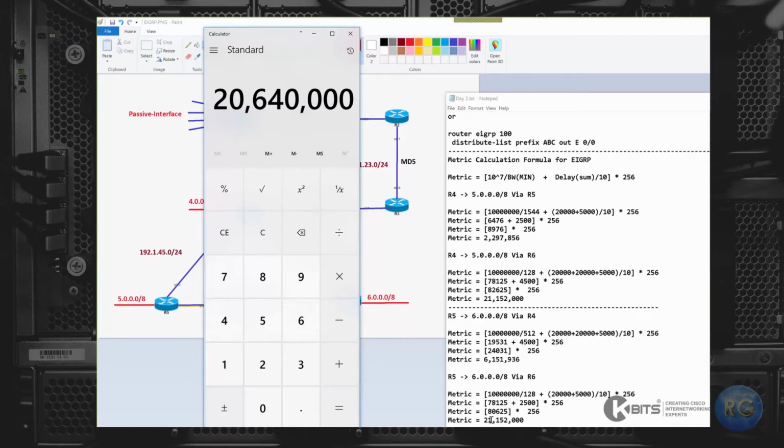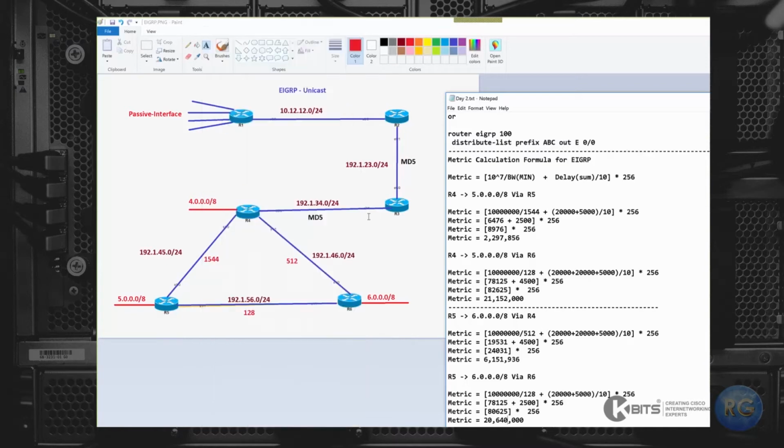You get 20,640,000. So I have 6 million through the long path and 20 million through the short path. Which path should I take?